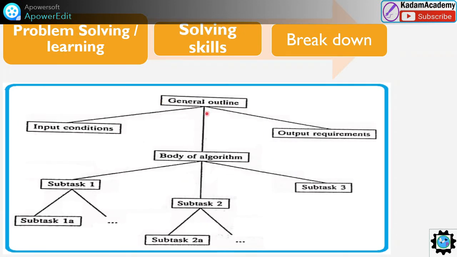Like this, you can see this major problem is the input and output requirements, input condition, output requirements, which we have already found out. But after that, the body of this total is related to the algorithm, but this is your problem. You have to distribute it into sub-problems, sub-task 1, 2, 3.